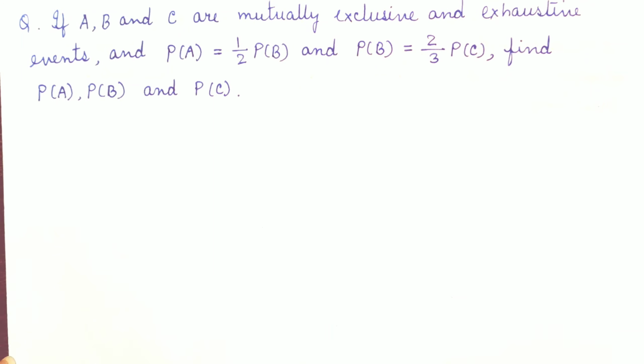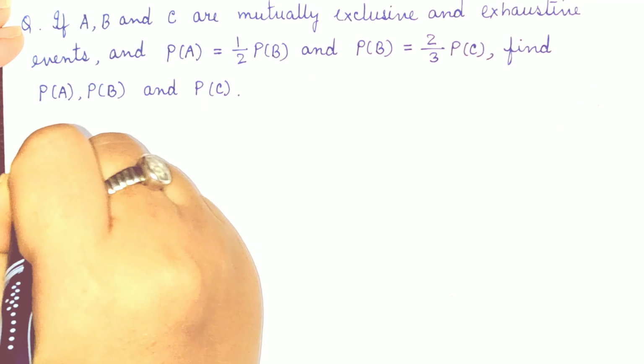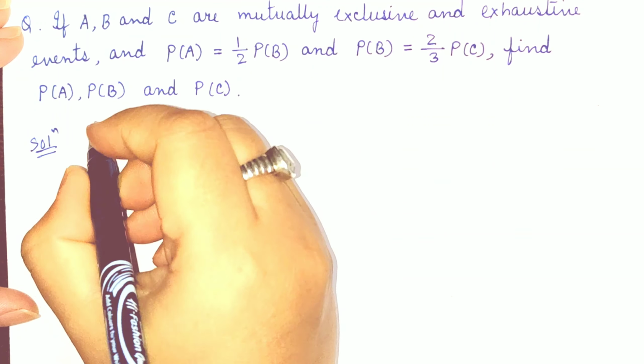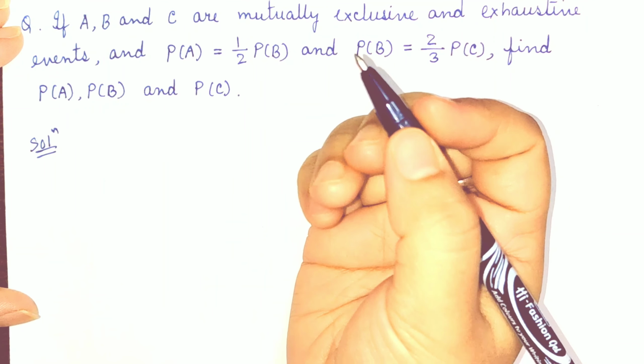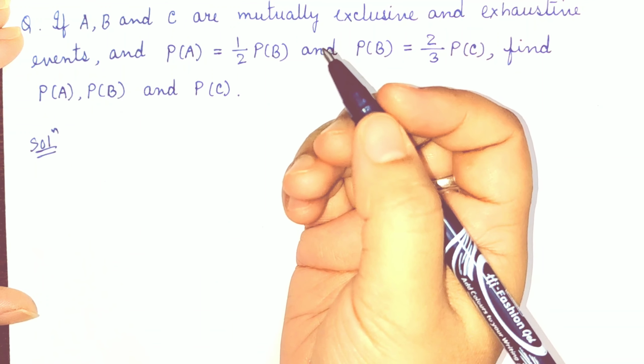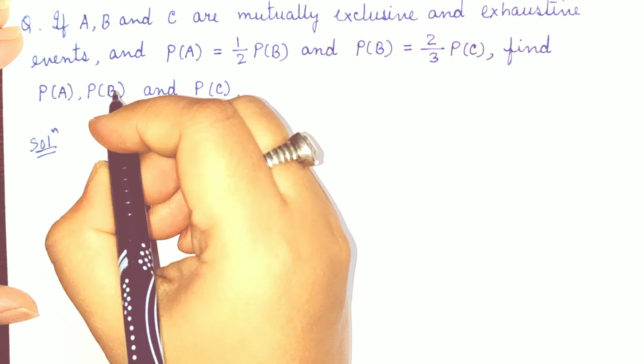Next question. If A, B, C are mutually exclusive and exhaustive events, P(A) is given equal to 1 by 2 P(B), P(B) is given 2 by 3 P(C). Find P(A), P(B) and P(C). We already know that P(A) plus P(B) plus P(C) equal to 1.